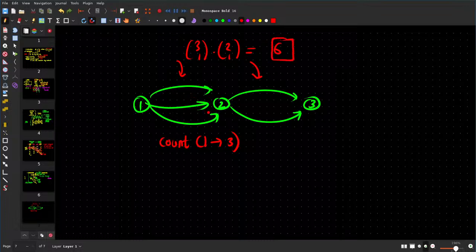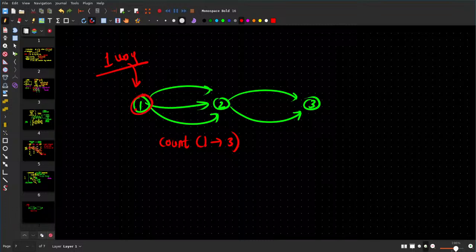But this is not directly obvious. These counts are not given to us whenever we are solving dynamic programming. So you need to know the intermediate results for each of these. First, we know that there is only one way to arrive at this node.